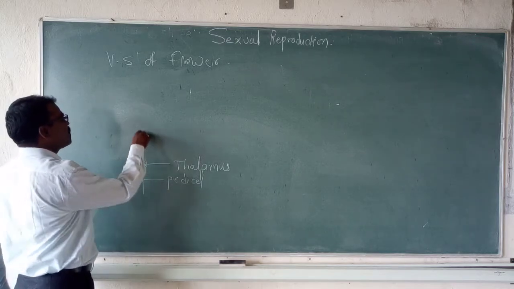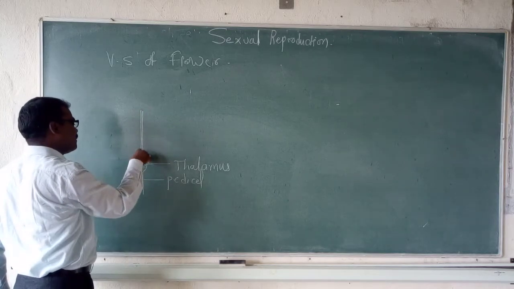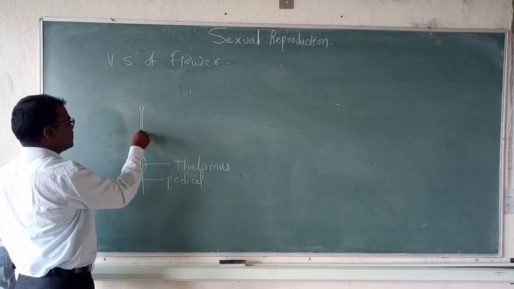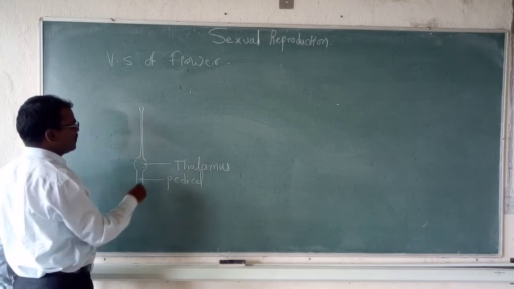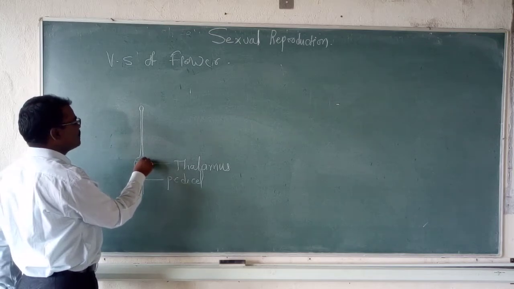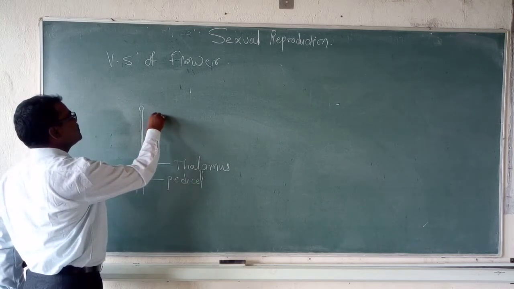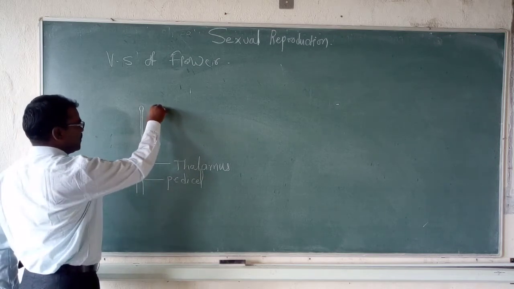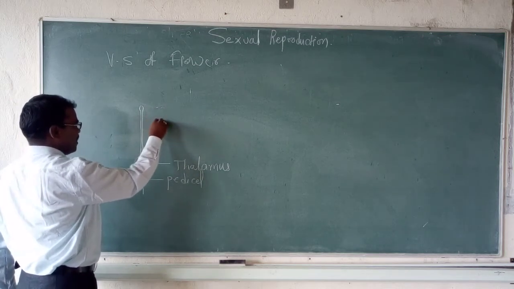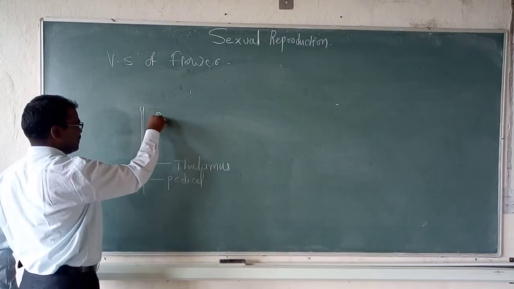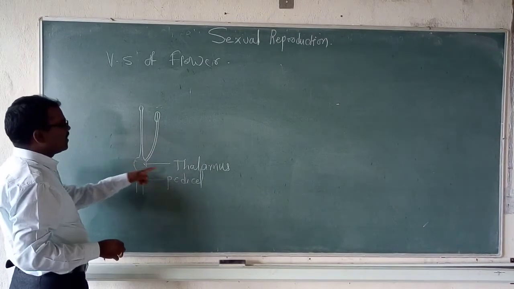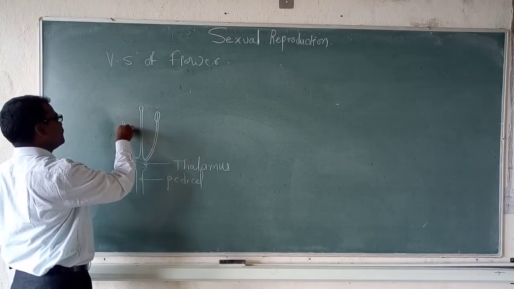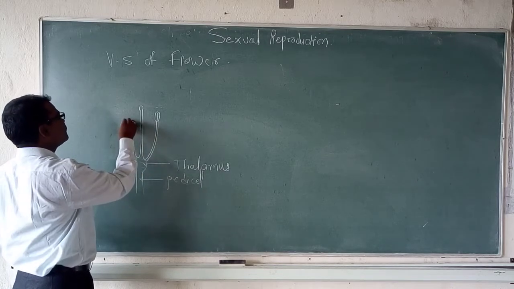This is the first whorl of the flower. This is the carpel, this is the stigma, this is the style, and this is the ovary. Then the next whorl of the flower is the androecium, arising from the thalamus, with the androecium on another side.